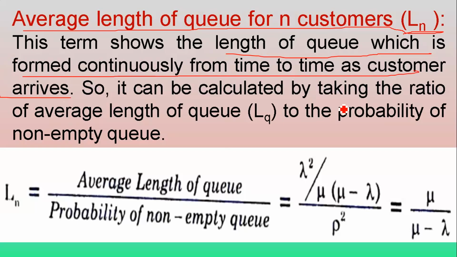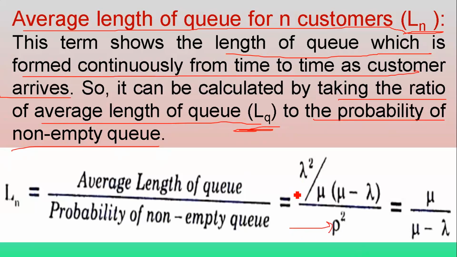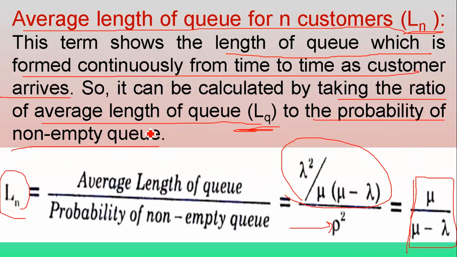It can be calculated by taking the ratio of average length of the queue, that is lq, to the probability of non-empty queue. So the formula of average length of the queue lq divided by probability of non-empty queue, which we just saw, that is rho square, and on top lambda square upon mu into mu minus lambda, right? That will be your ratio for finding out average length of the queue, which is equal to mu upon mu minus lambda. Final answer will be mu upon mu minus lambda, that is ln, right?